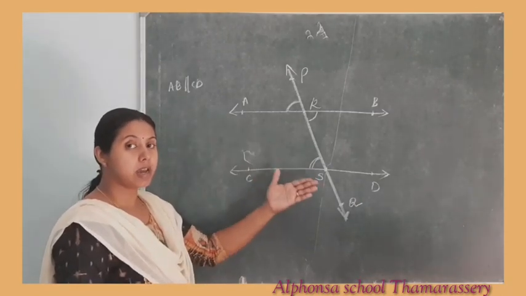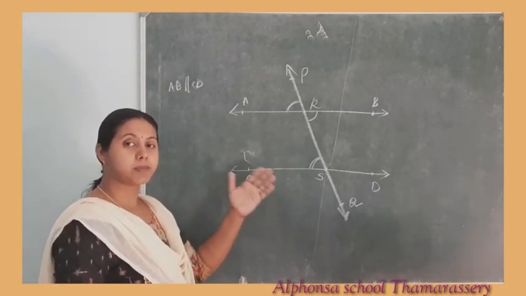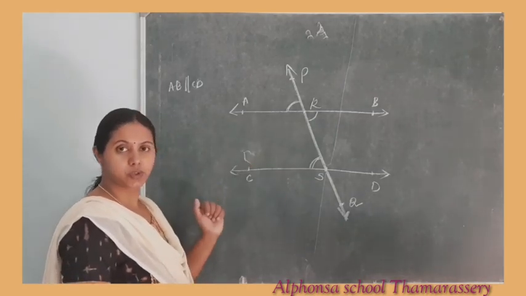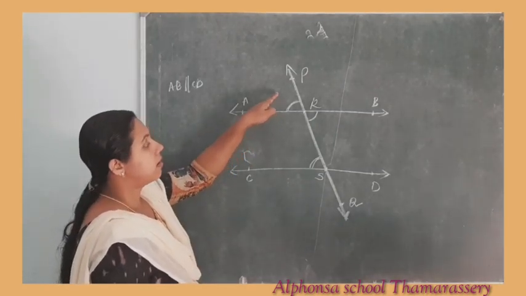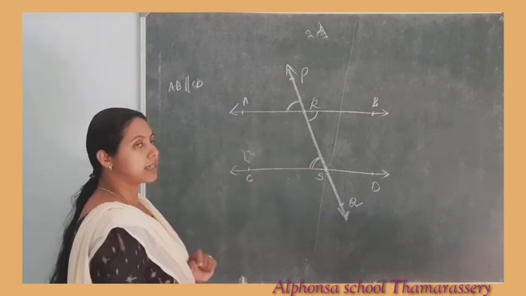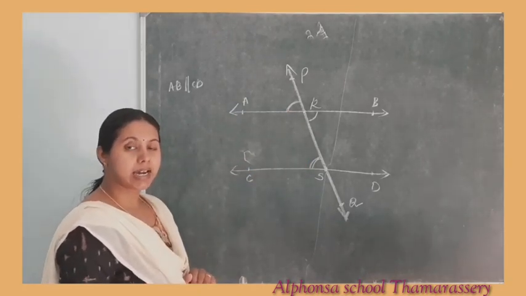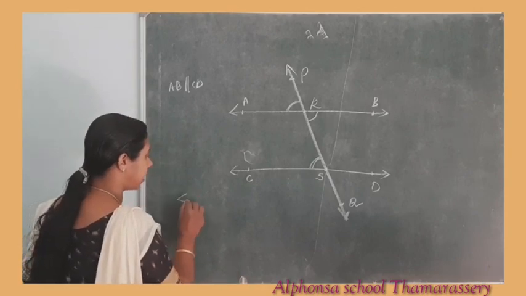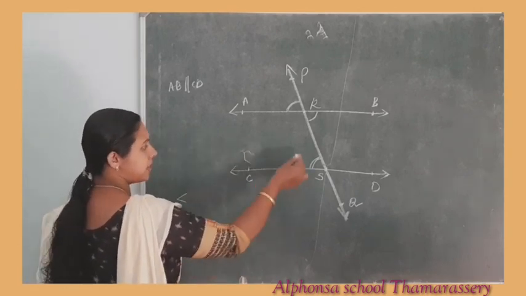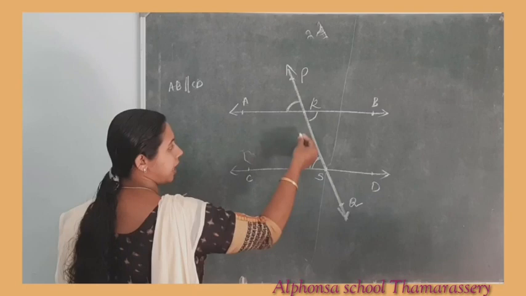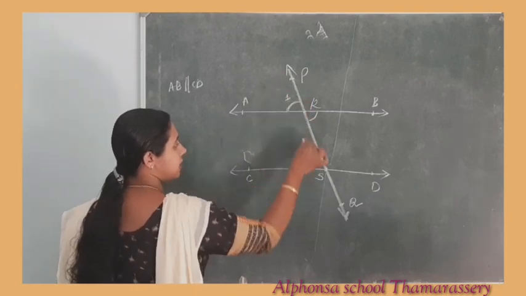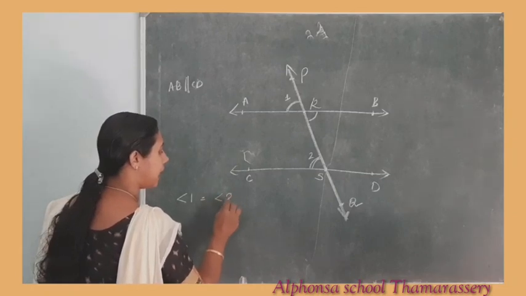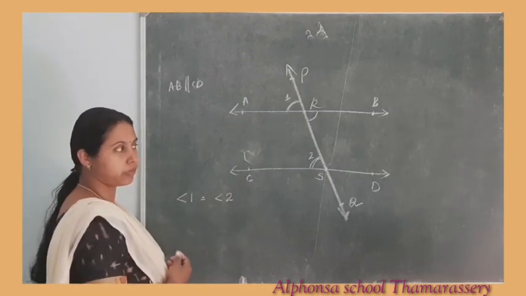That we already proved, axiom 6.3, we know it. So using that, we are proving the next theorem. We know these two angles are equal by the corresponding angles axiom. You can name these angles angle 1 and angle 2. Angle 1 is equal to angle 2.